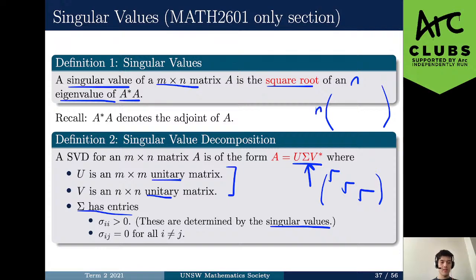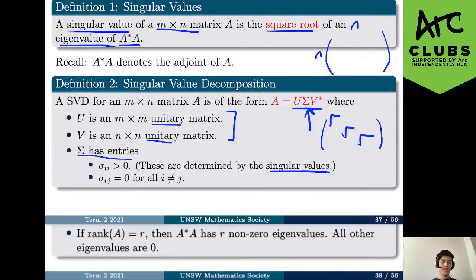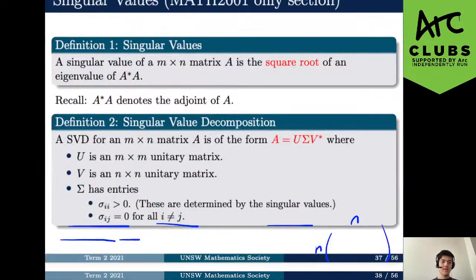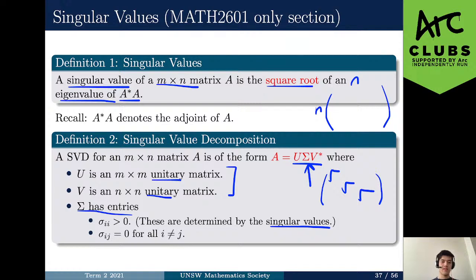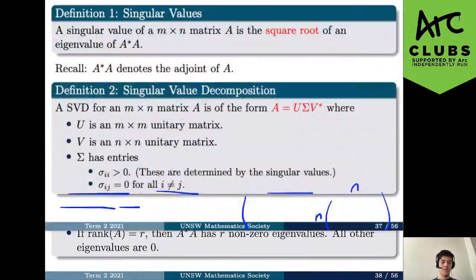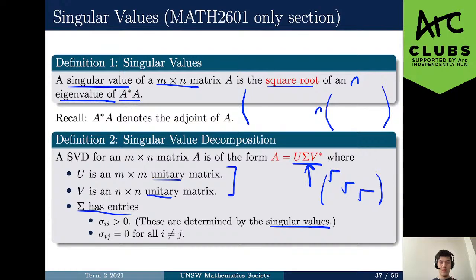And then U, we calculate by applying the matrix A to V. Matrix A is m by n, so it takes the vectors in V, which are in Rn, to Rm. Oh, I should say C. So this is an m by m matrix.